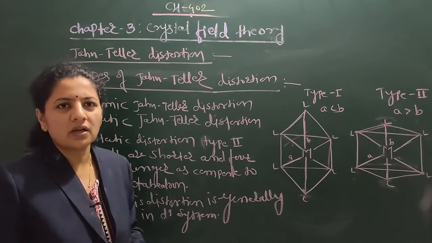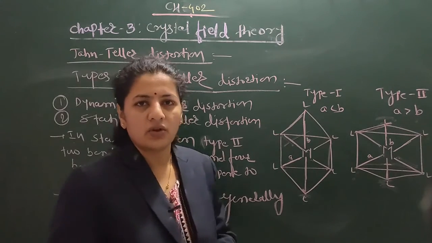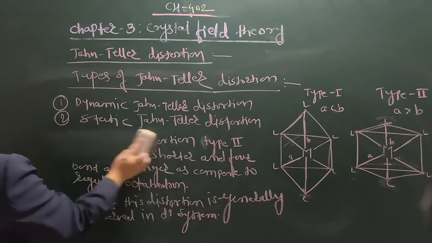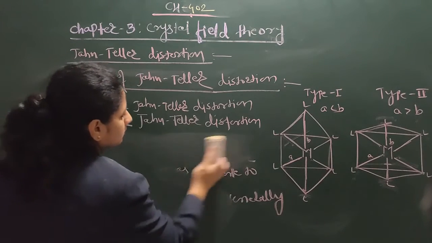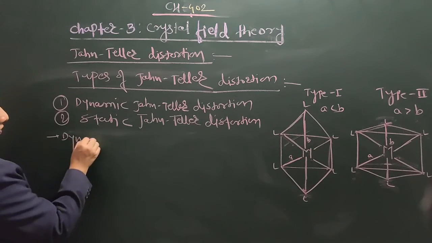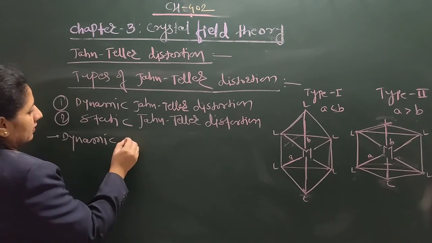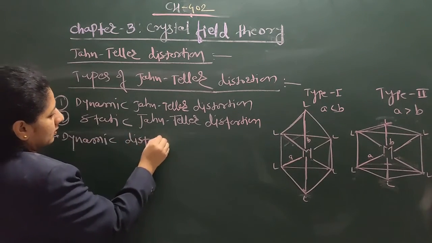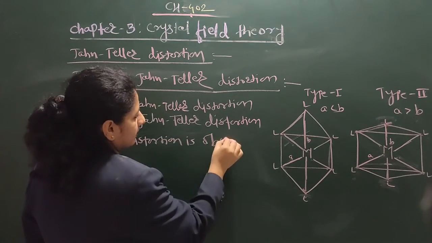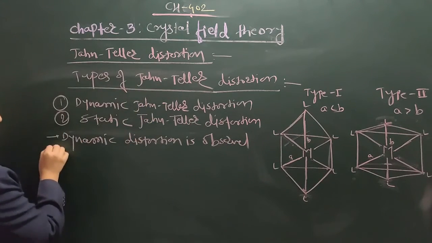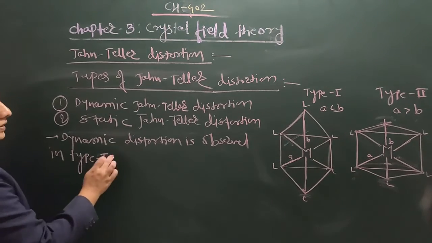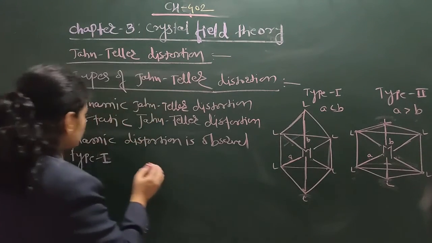So these are all about the static Jahn-Teller distortion. Now let's discuss the dynamic Jahn-Teller distortion. In dynamic Jahn-Teller distortion, type first is observed.